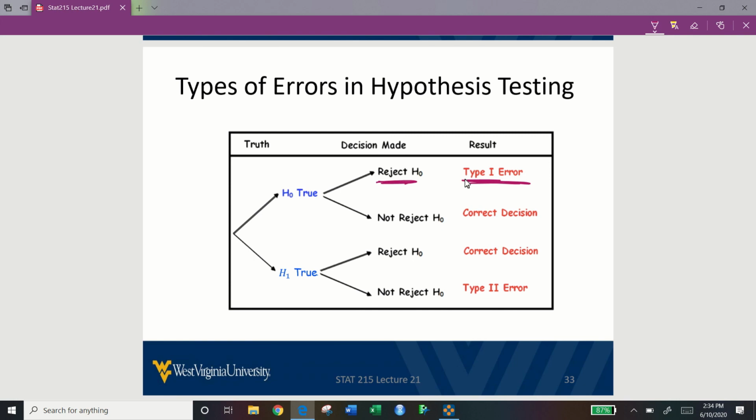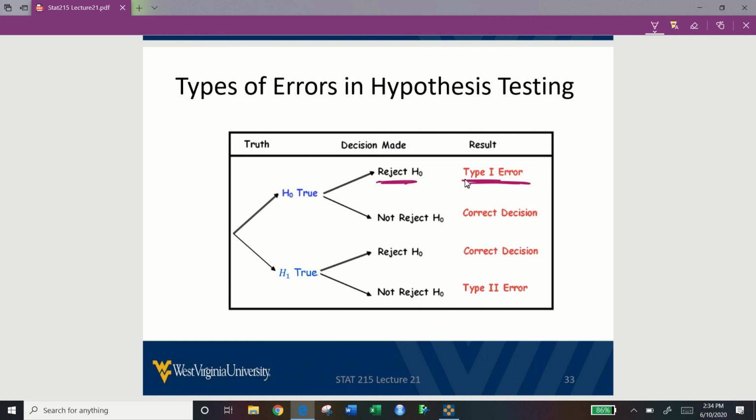The second option for truth is to state that the alternative hypothesis is true. Ideally, when the alternative hypothesis is true, we will reject the null hypothesis. Because if we reject the null hypothesis, we're saying the alternative is true. That is a correct decision.